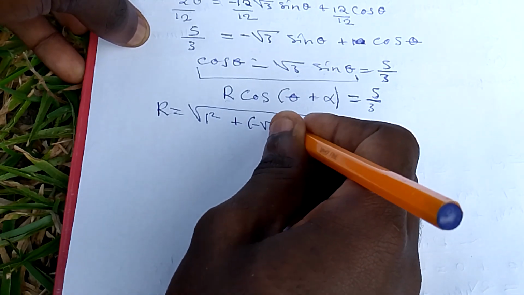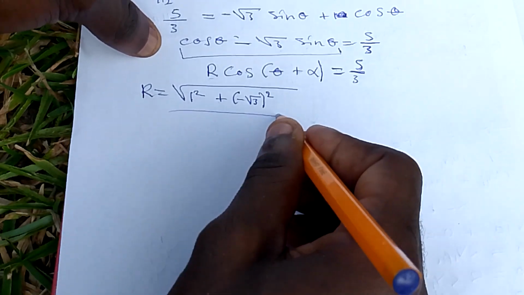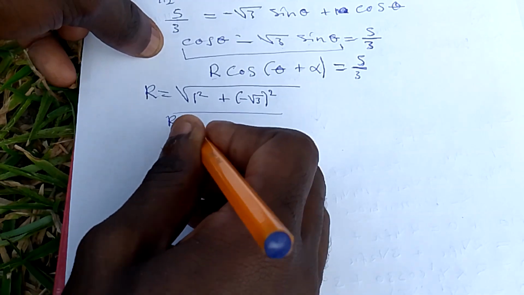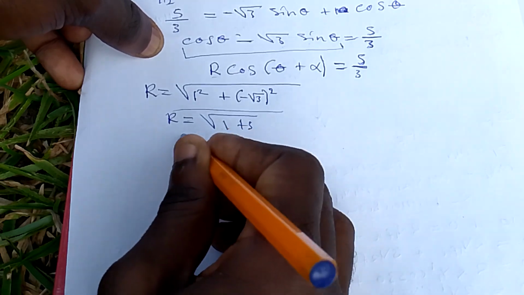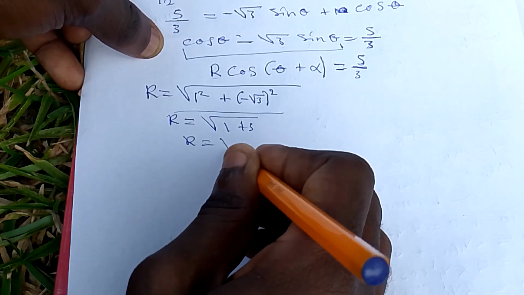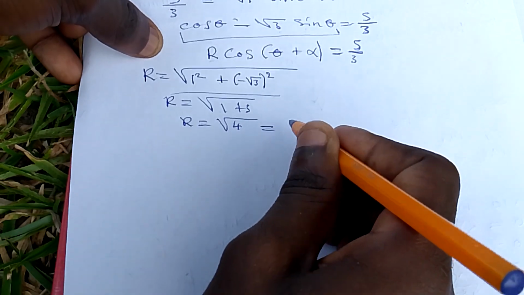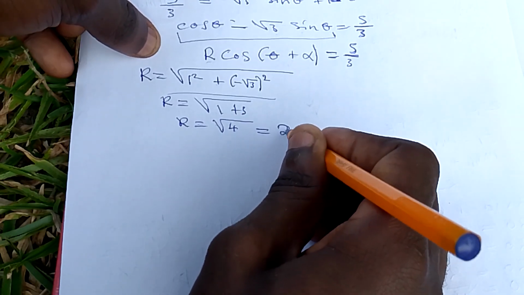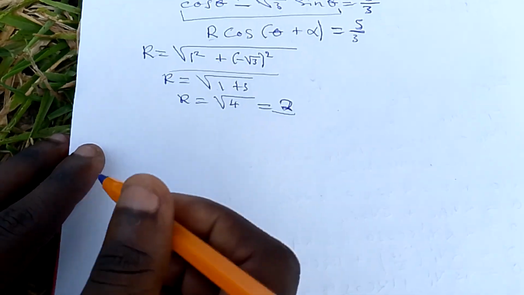So we have negative the square root of 3 squared. That is how you find R. So in this case, R is going to give us 1 plus 3. So R equals the square root of 1 plus 3. We are going to have 4, and the square root of 4 is what? It is 2. So that means R equals 2.